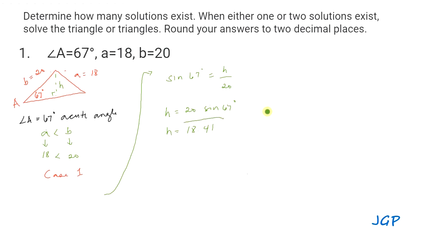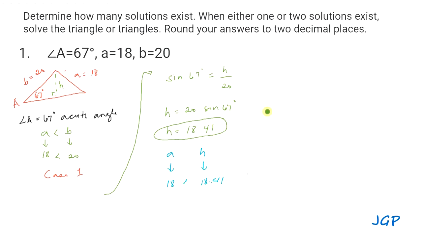When you have your h, pwede ka na ngayon mag-compare. You need to compare the side opposite to our given angle, and that is your side A. Side A ang opposite ng ating given angle, and compare naman siya sa height. So, your A is equal to 18, and then your height here is 18.41.